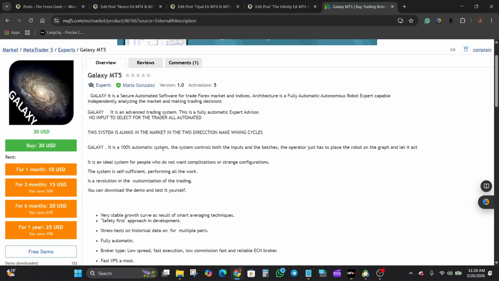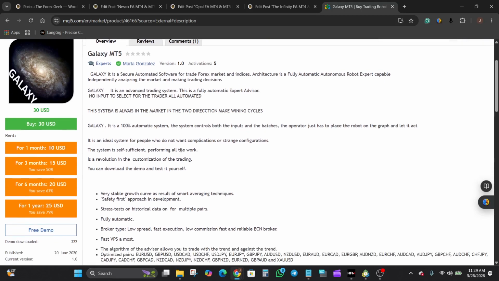Okay. The interface is also described as fully automatic, where the trader simply attaches it to the chart and lets it operate. Now, I can also see that the EA is positioned as beginner friendly, since there are no configuration inputs needed. That means it is designed for users who prefer a simple setup without adjusting complex parameters or strategies manually.